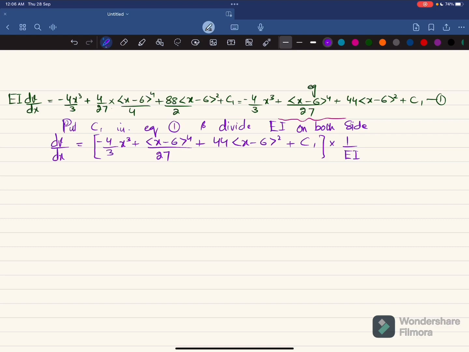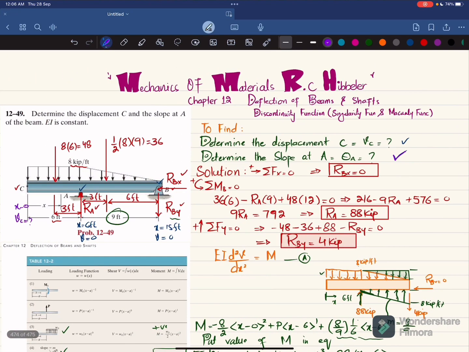Okay. C1 value was plus 509, so I will replace it with 509.4. Now we have to find the slope at point A. So here x is equal to 6 feet, and I have already shown you, due to this the deflection will be like this. So slope at this, theta A, will be equal to at 6 feet.